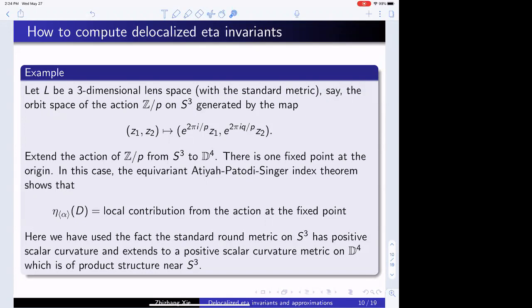Let me be specific. Take S3 and let the cyclic group Z/p act on S3, where the generator of Z/p acts on S3 by this formula. Here I'm thinking of S3 as sitting inside C2, two-dimensional complex space.